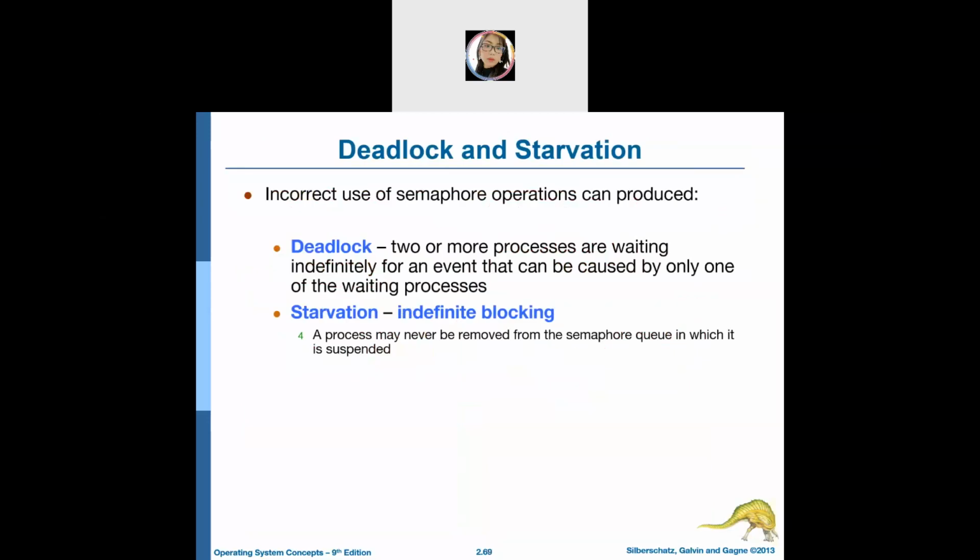Okay, let's take a look at the next subtopic. We're going to look into deadlock and starvation. This is not a new term for you. When will a deadlock occur? Let's see an example of deadlock first.